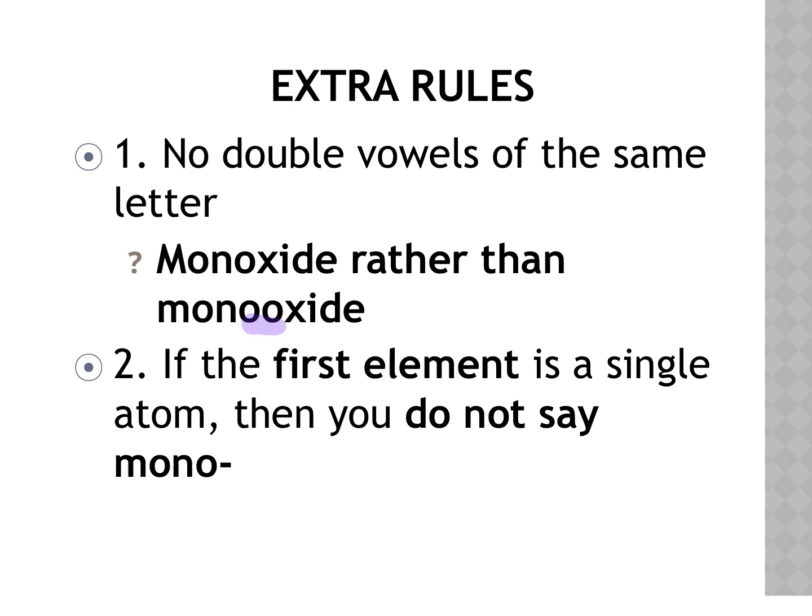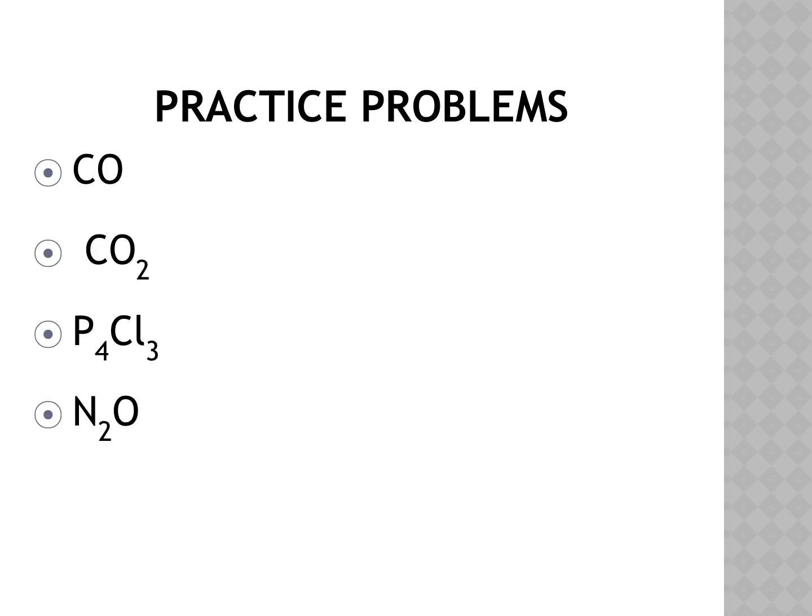So monoxide rather than monooxide. And then the second extra rule, if the first element is a single atom, so quantity of 1, you aren't going to use the prefix mono. Okay. If it's any other quantity, then you will use the prefix. And we'll do some examples on the next slide to help you understand what this means.